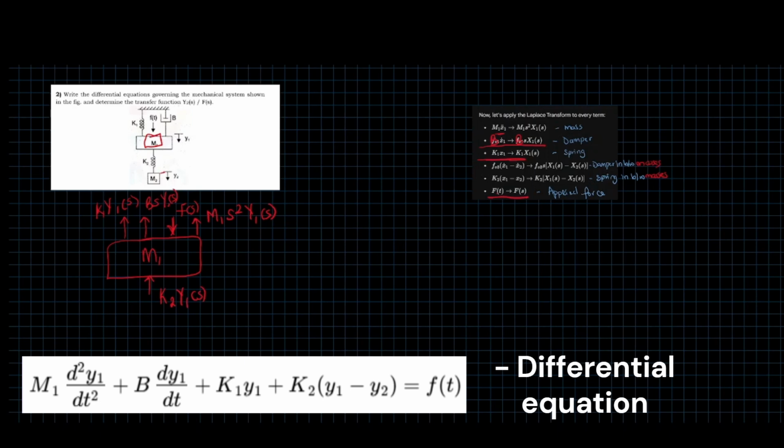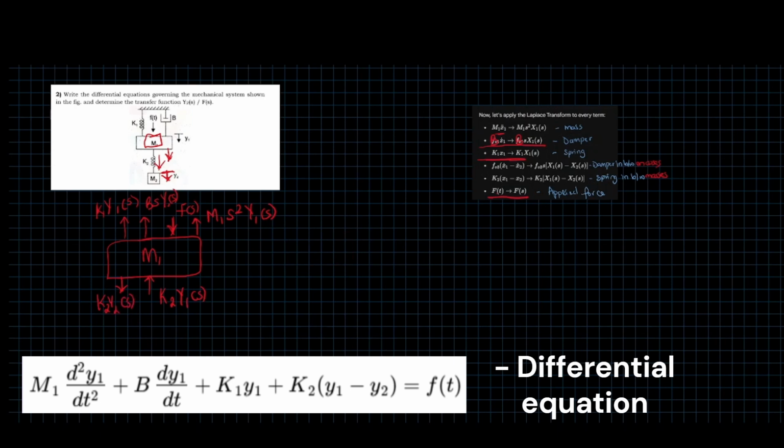When you move M2 in the direction it's supposed to move, it's going to be dragging this K2 to come down with it, which means the spring will be pulling on the mass. So in this case, for the second mass, you're going to have K2, but the displacement is Y2(S).